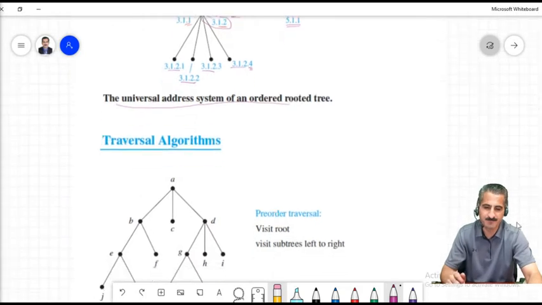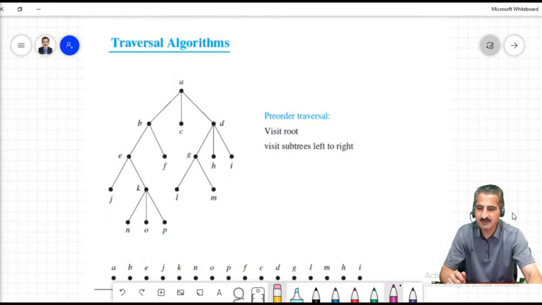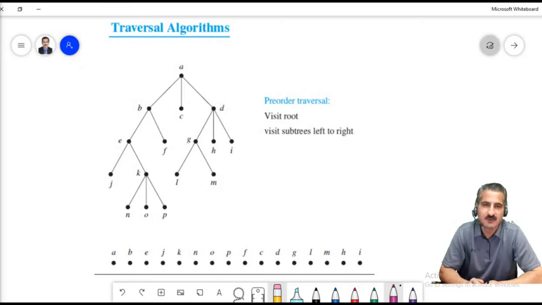Okay, now let's go to the algorithms I talked about. The idea here is we want to visit all the vertices of the tree, and we will learn 3 algorithms that help us to do so.